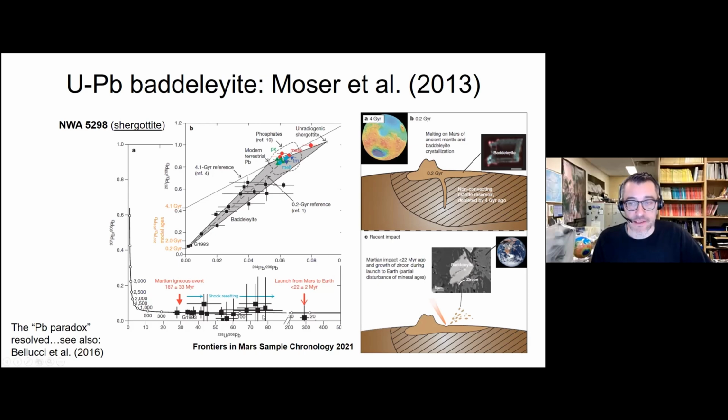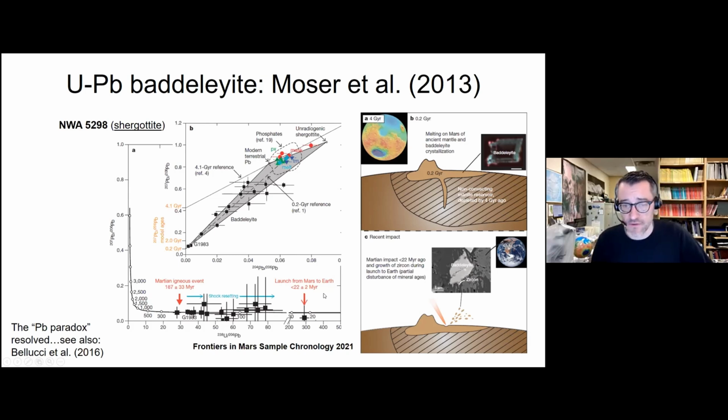This is a much higher shocked shergottite than Zagami, for example, and shock resetting has caused these ages to trend towards much younger. Also there's zircon that has formed as a result of the interaction between the baddeleyite and the shock melt.